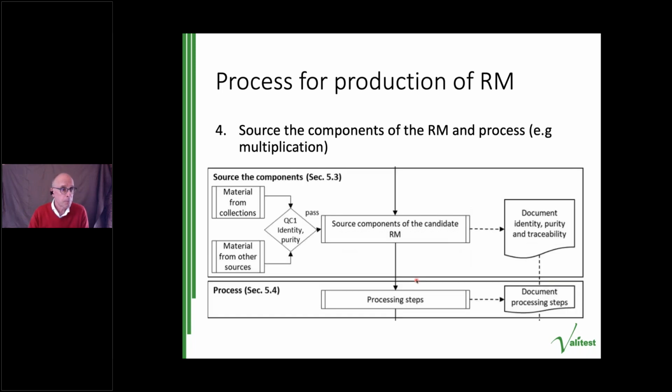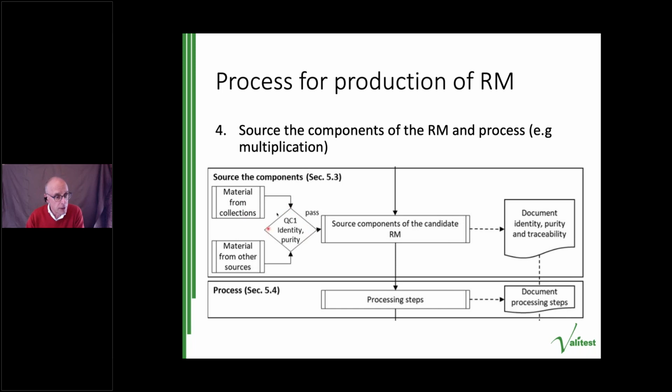The next phase is that you need to get your components. You haven't actually started producing it yet. You're still in the planning phase. Then you need to get your material. And then again, where do you get your material from? Is it from a collection? Is it from other sources? So is it from the field? Is it from a working collection? And so on.